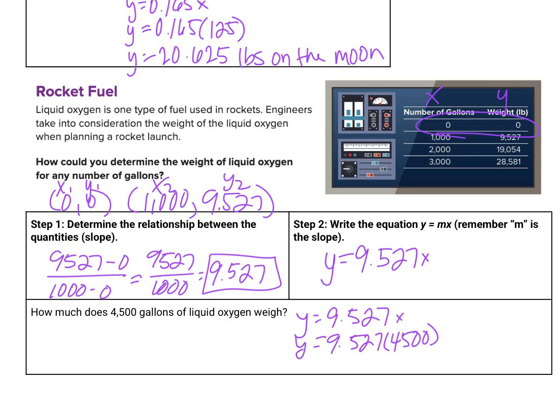Go ahead and type that into your calculators. We're taking 9.527 times 4,500. When I multiply those two together, we get a value of 42,871.5. Remember to add your label on here. So we're looking at how much the liquid oxygen weighs. We are measuring that in gallons. So I'm going to add gallons onto my answer here.